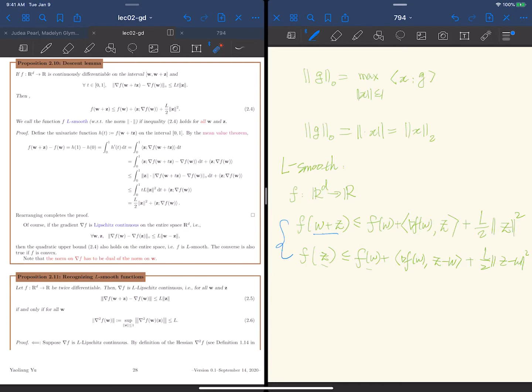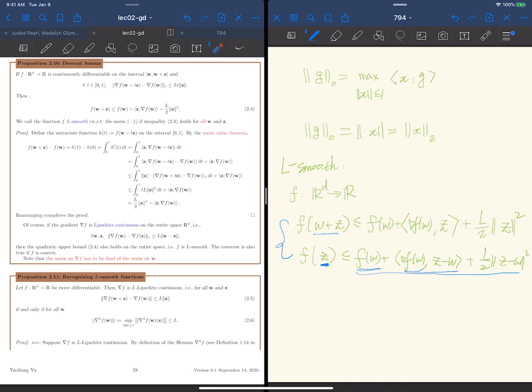So what it means is, if you look at the function in terms of z, then the function of z is upper bounded by the right hand side here, and the right hand side is a quadratic function of z, because f of w is a constant in terms of z, and the gradient at w is a constant vector in terms of z.